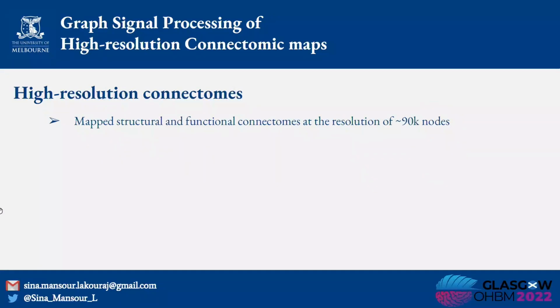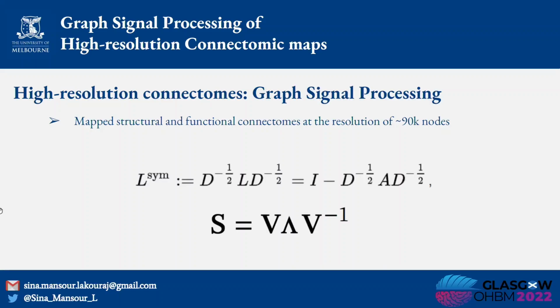We have provided publicly available code on how to map these matrices. The computational complexities sort of made us do it so that we could promote this in future research. But similarly to the case in the lower resolution and high resolution, we could also apply graph signal processing.